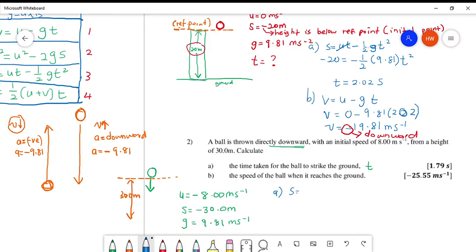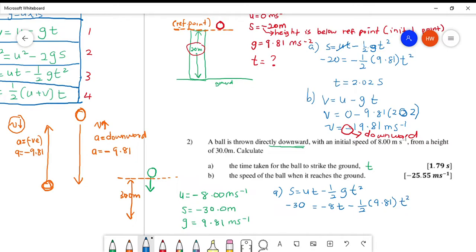Kita guna number 3. UT minus half GT square. Again, don't forget to put negative. Negative 8 times... 9.81 T square.